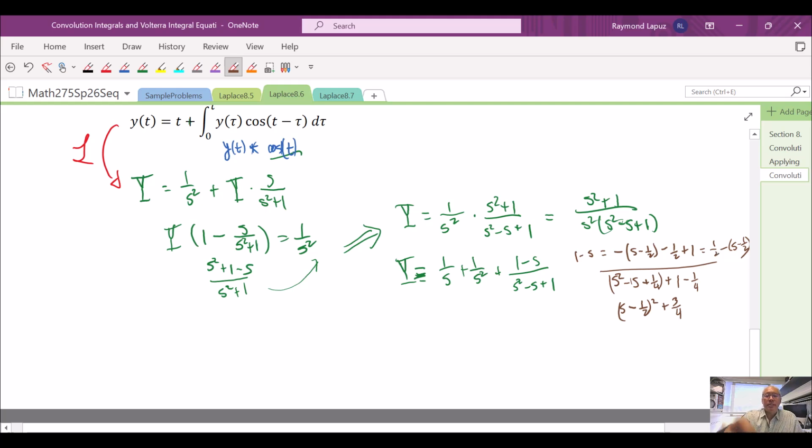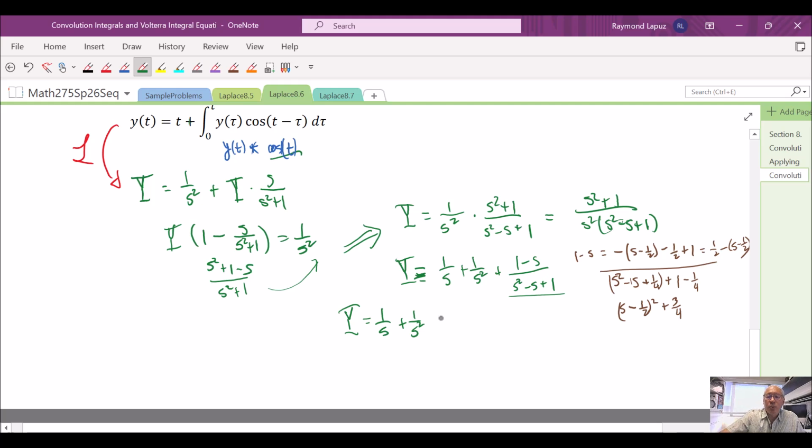Which means now I can break up this expression into a couple of things. So let's write y here again. I am out of room. 1 over s plus 1 over s squared. Those are easy. And now this is the tough one.